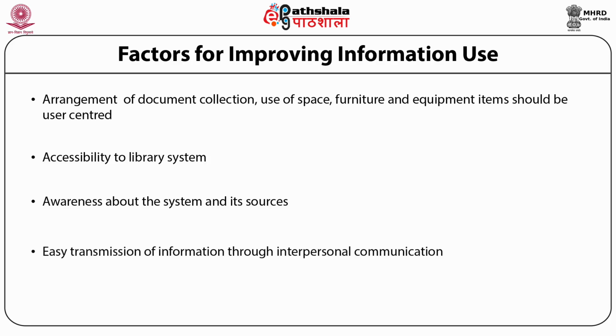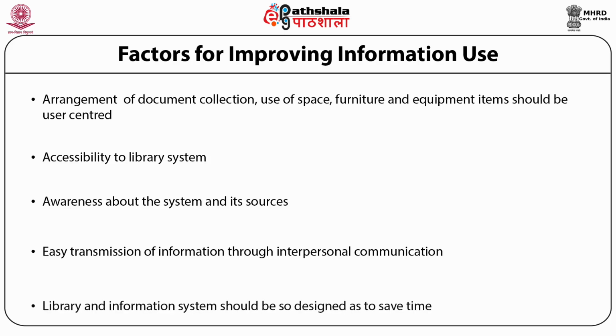Easy transmission of information through interpersonal communication is another important factor which should be taken into consideration. Library professionals must be able to communicate one-to-one, one-to-many for transmitting information to users. Library and information system should be so designed as to save time of the users.